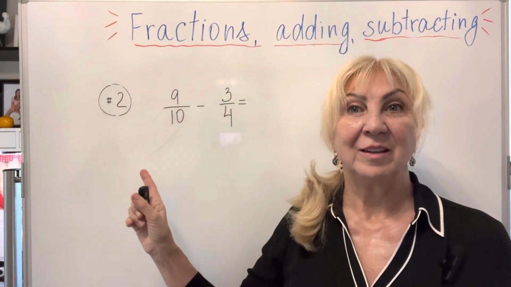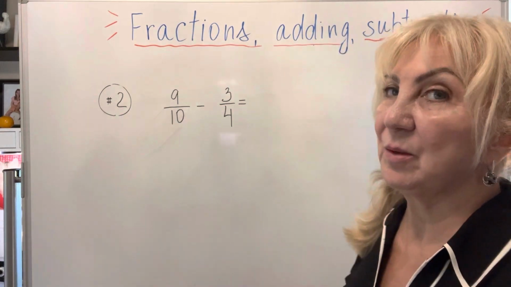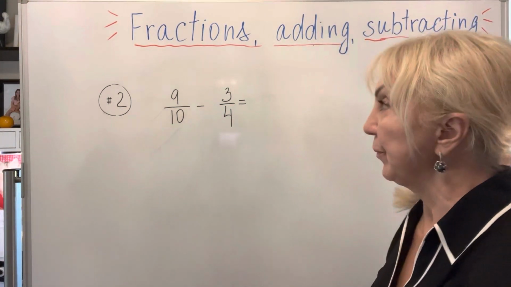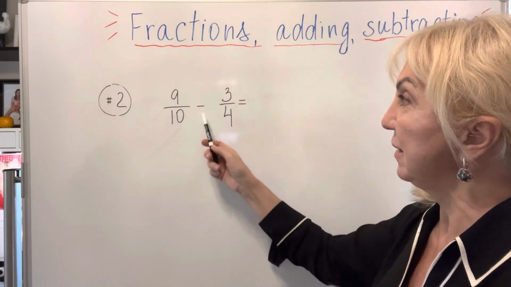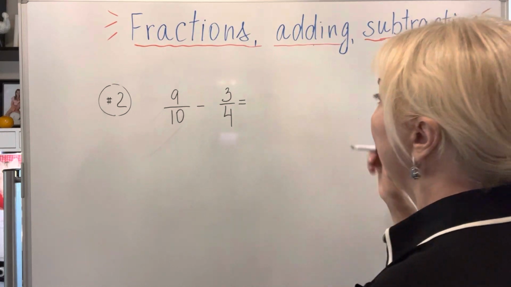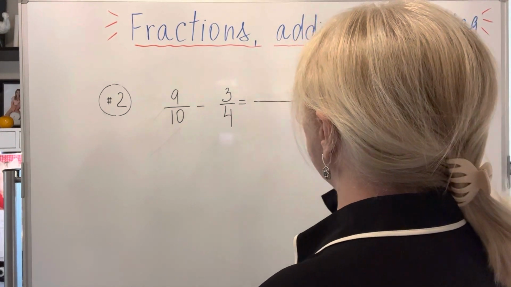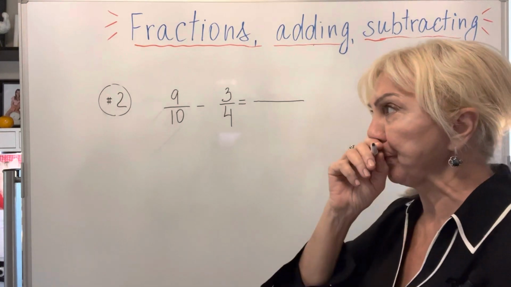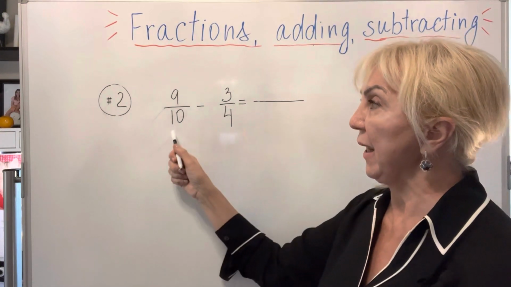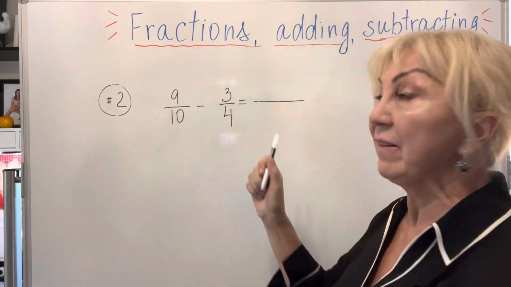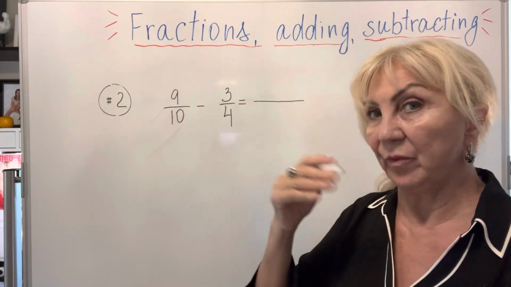And here, our second example. Let's see how we can work out this problem. So 9/10 subtract 3/4. Of course, first step, find the least common denominator of 10 and 4. So 10 is larger, and we see it's not evenly divisible by 4, so we have to work it out.